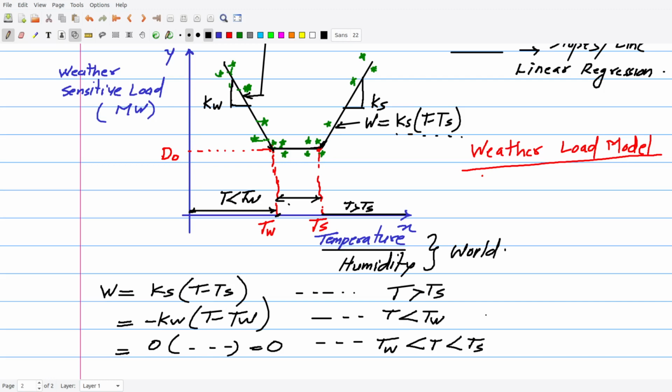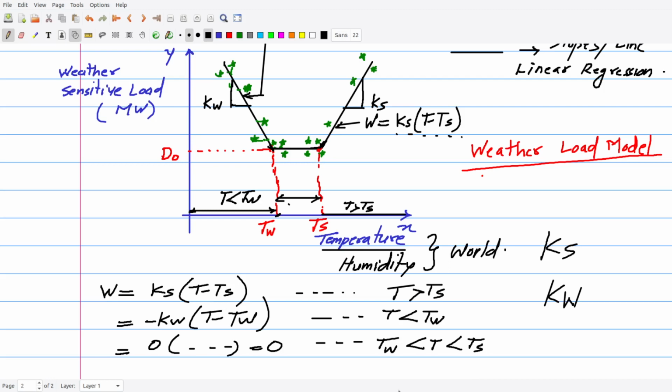So we have modeled our weather into some equations. The parameters of the model are slopes. What are the slopes? First slope is Ks and the other is Kw. These two slopes, Ks and Kw.